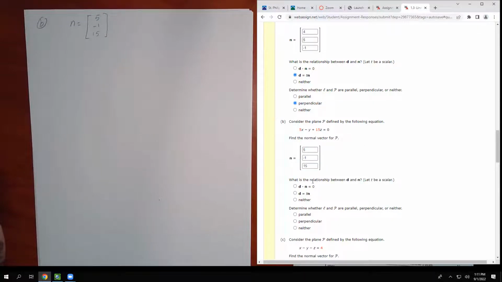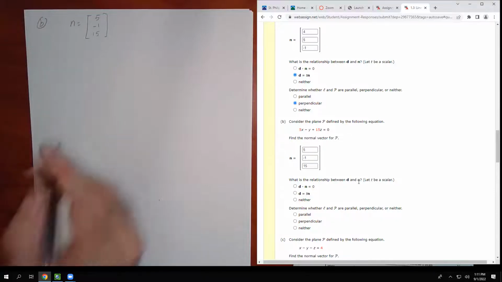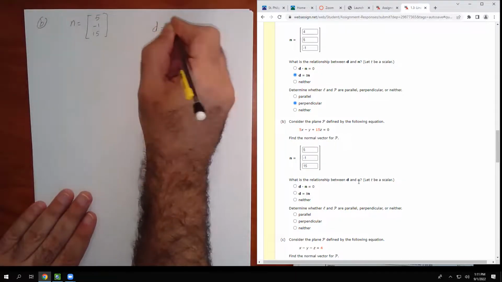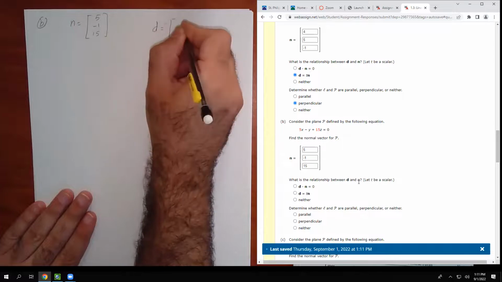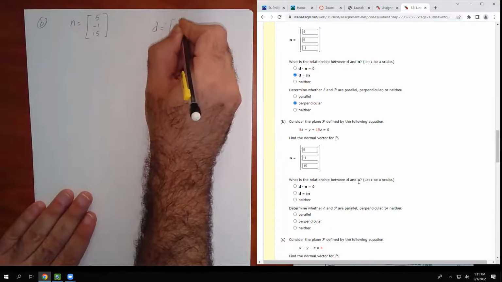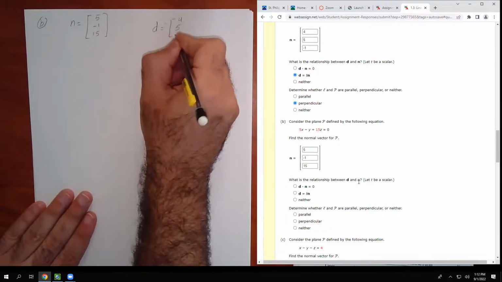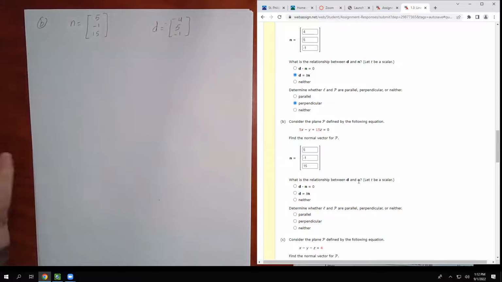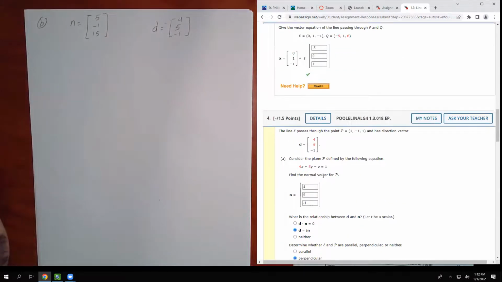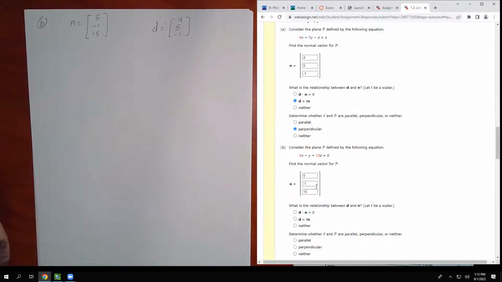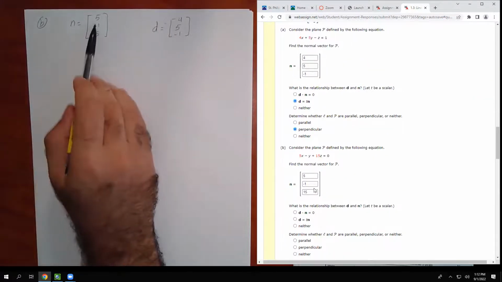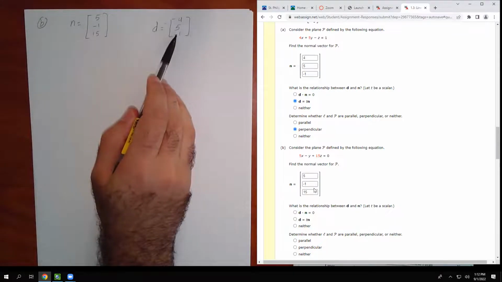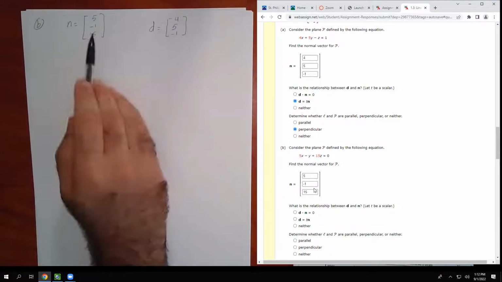What is the relationship between D and N? So here's the vector D, which is equal to 4, 5, -1. It's the same vector here on the top. Now let's check what's the relationship between these. This one is not similar to this one. They are totally different vectors.